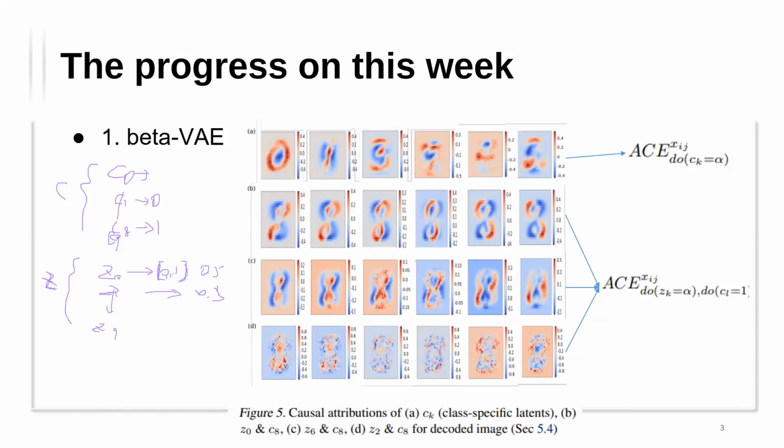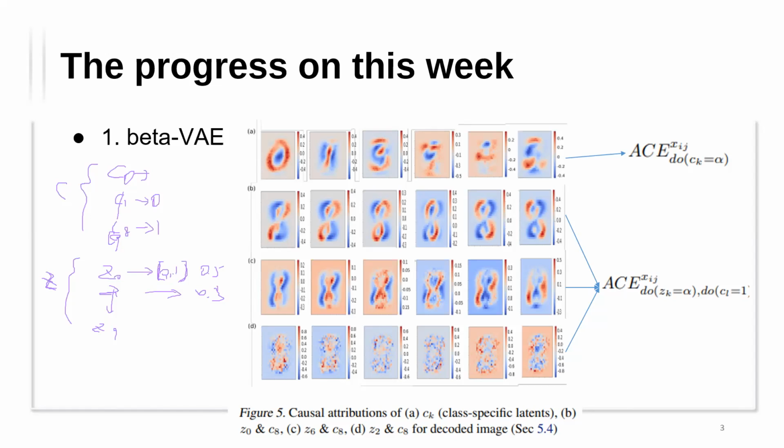So the second image will set C1 to 1. Those pixels are where the ACE is calculated.